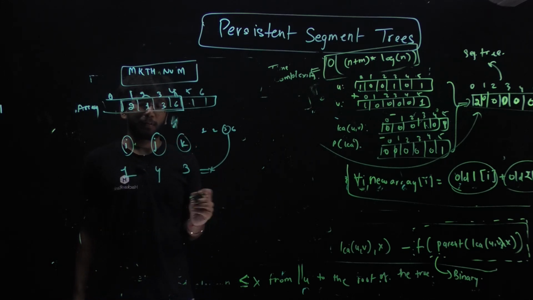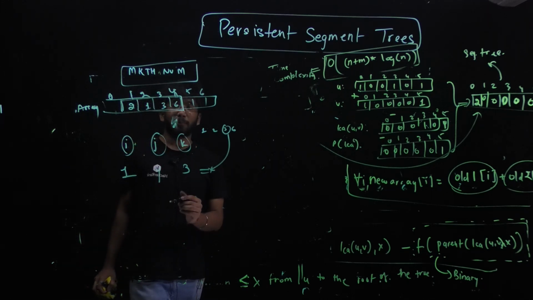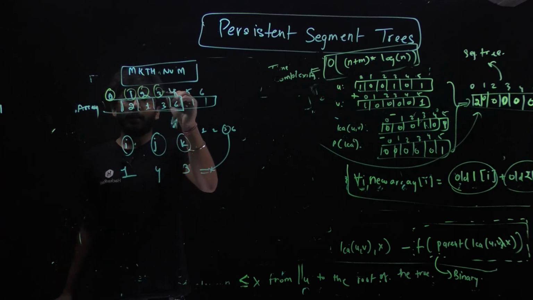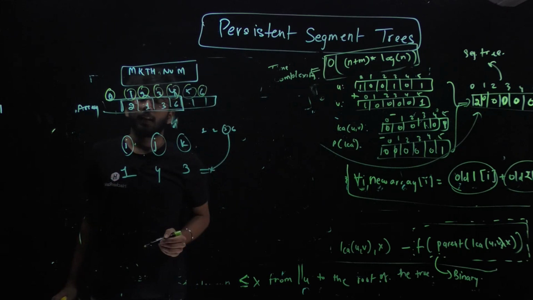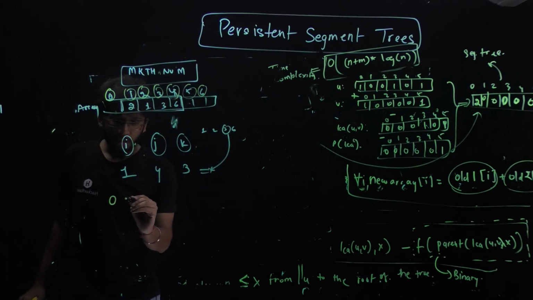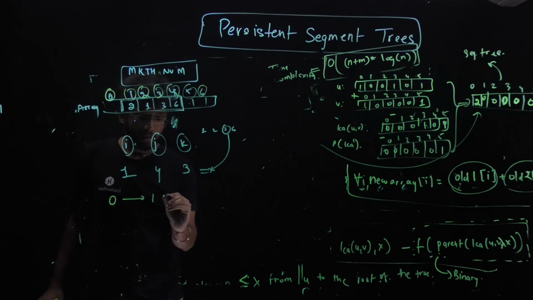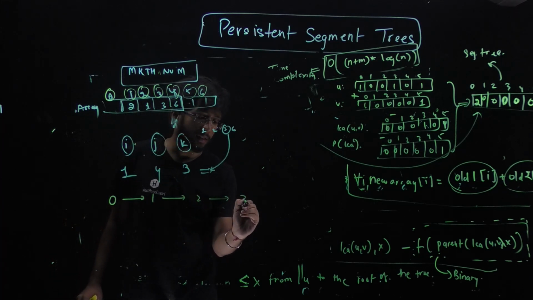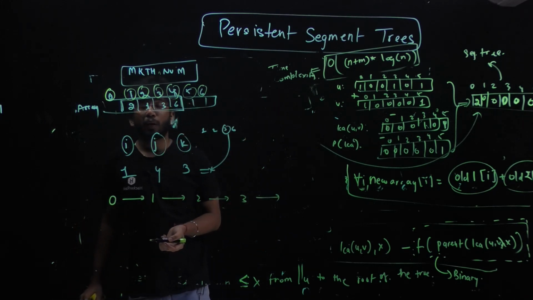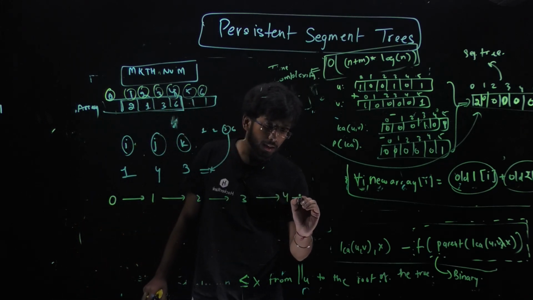So how is that possible? It's very easy. If you think of it, this is actually a tree again. The 0th node is connected to the first, to the second, to the third. These are all elements of the tree instead of an array, and this tree is a linear tree.